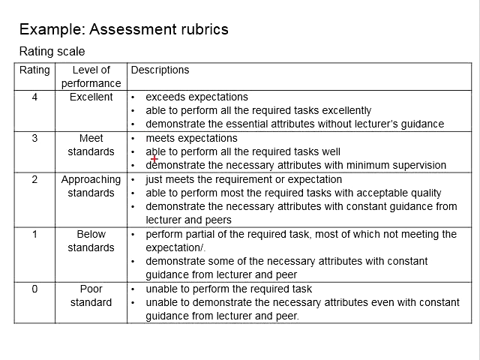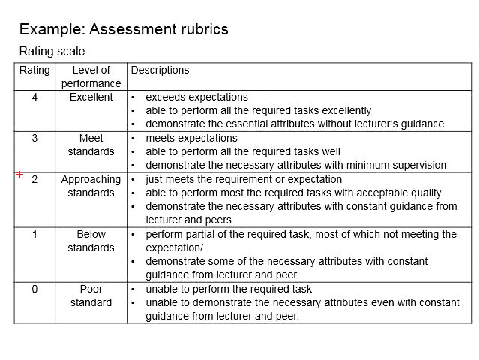Next, it will be below the standard, where you perform only part of the required tasks. Most of them will not meet the expectations. That means first you miss some parts of the required tasks, and there will be a lot not really meeting the requirements of your lecturer. And you demonstrate some necessary attributes with constant guidance from the lecturers and peers.